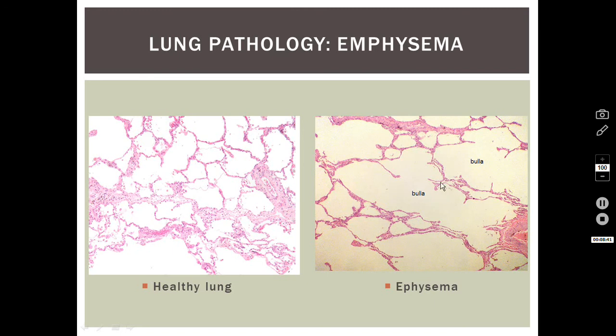Now here we've got these huge, overly large alveoli that we call a bulla. And so we don't have as many alveoli because the alveoli get enlarged, but we still have the same amount of space in our lungs, and so we end up with less alveoli, less surface area for exchange of oxygen and carbon dioxide, so it makes it much harder to breathe.